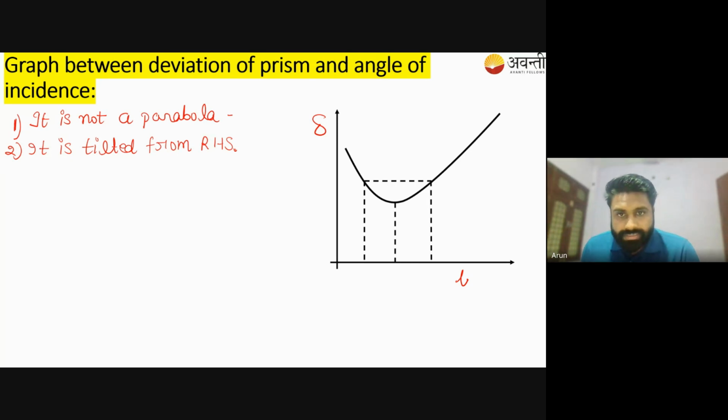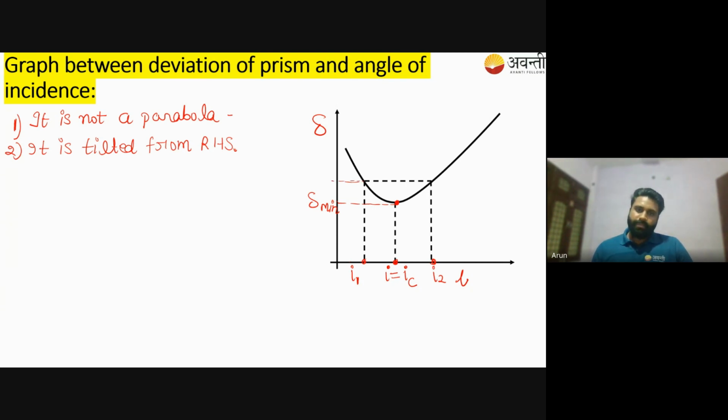Now you will see that here you have the minimum value of the deviation, delta minimum, for this particular angle of incidence. Let's say this is IC. If this is the value of I1, you will notice that for I1 and I2 you are getting the same deflection.